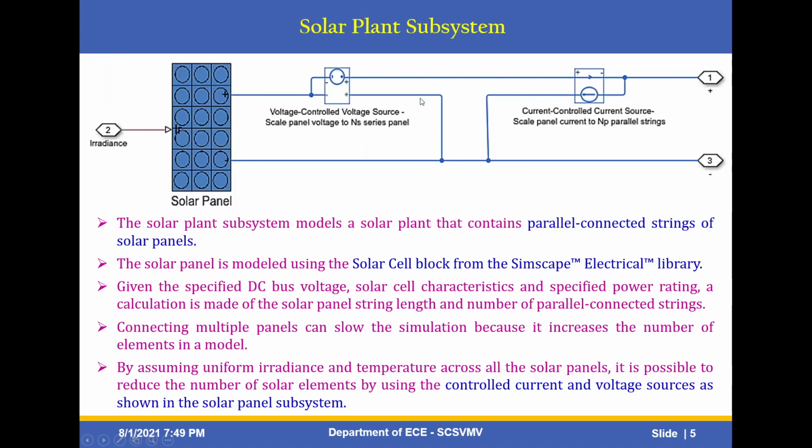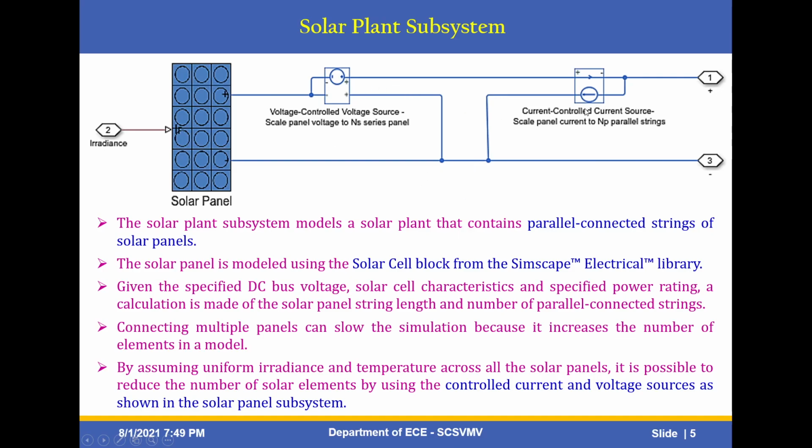This solar plant subsystem contains parallel connected strings of solar panels. The solar panel is modeled using the solar cell block from the Simscape Electrical library. If you go to the Simulink library, Electrical library, you will get the solar cell block like this. Given the specified DC voltage, solar cell characteristics and specified power rating, a calculation is made of the solar panel string length and also the number of parallel connected strings.